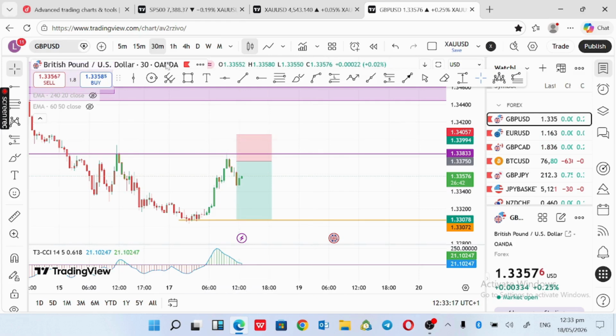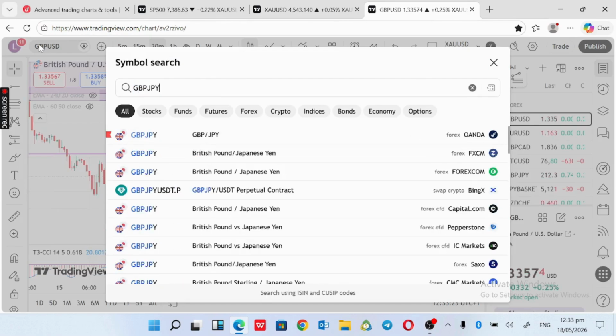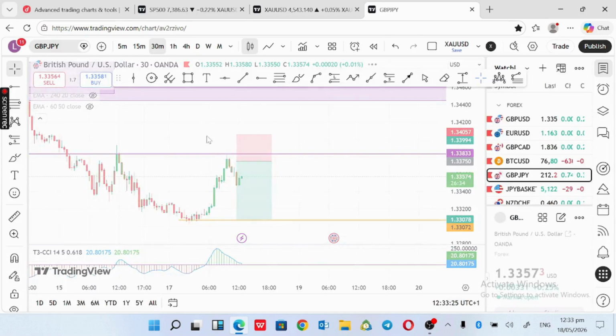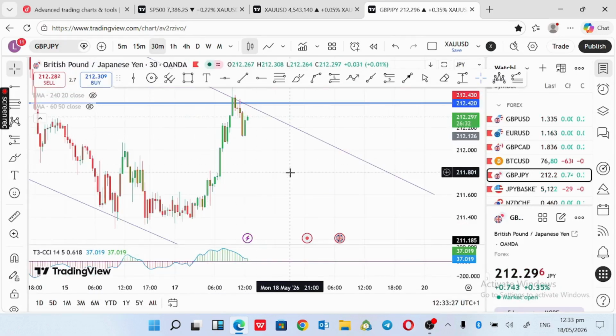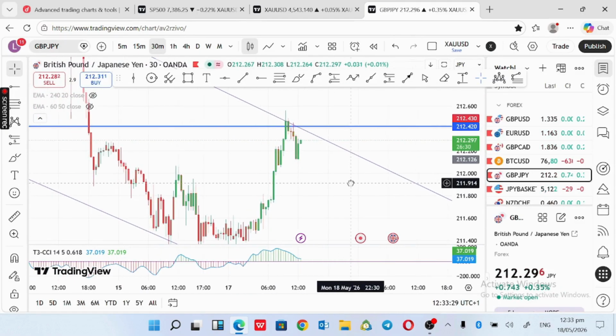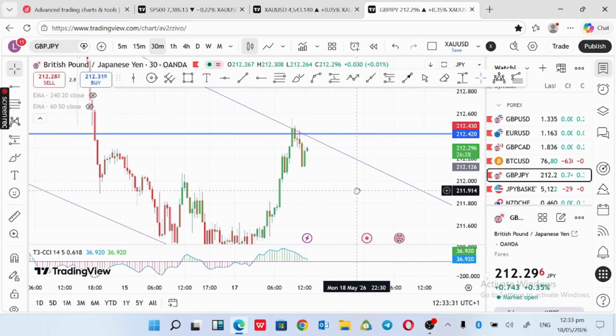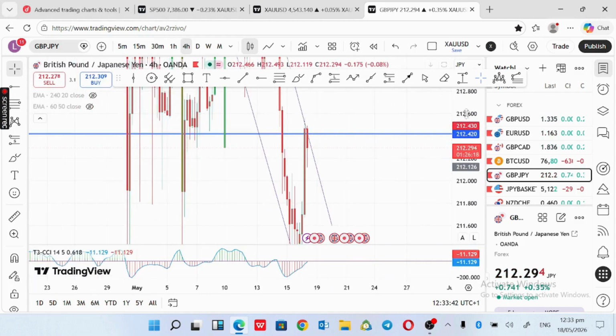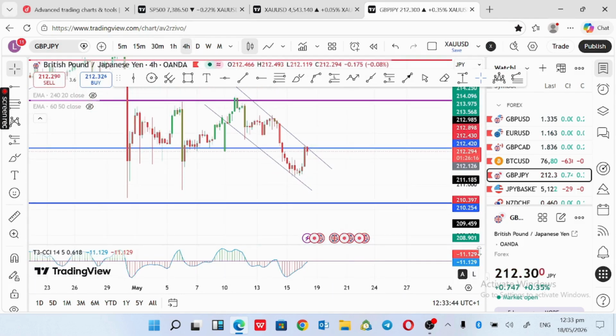So let's check what GJ is also giving us. GBP JPY. GBP JPY has also been a downtrend, but there was a retracement from the back. So far, we have a retracement, but let's go to a higher time frame to check what the overall direction is.